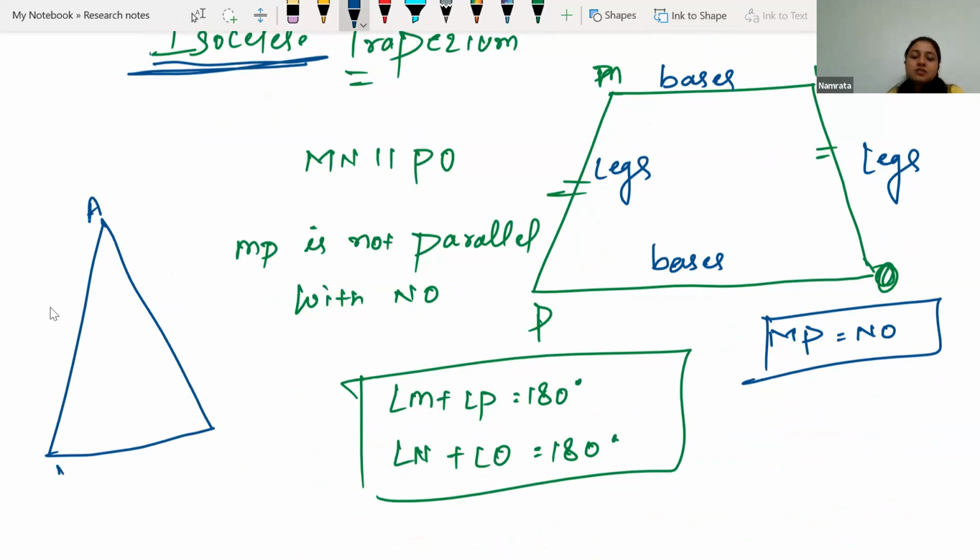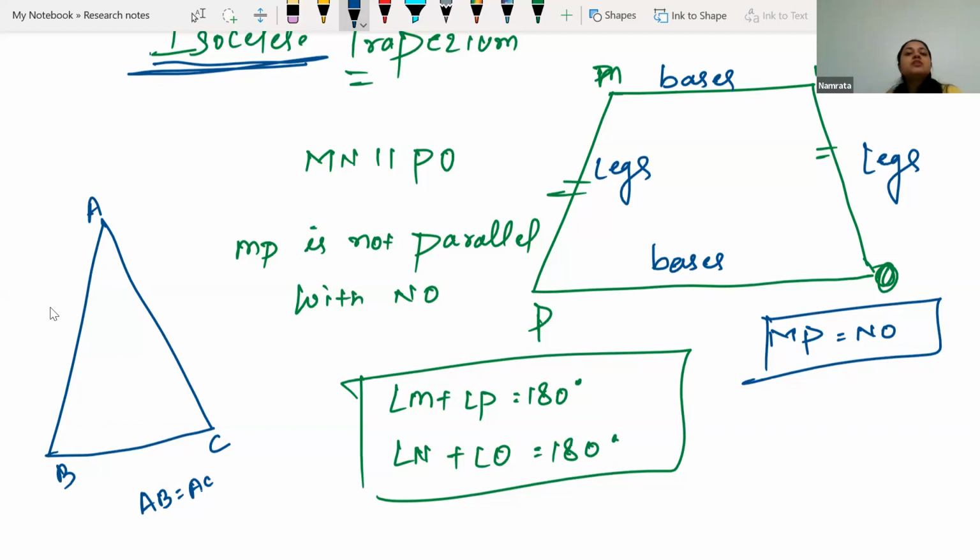If this is an isosceles triangle, side AB will be equal to AC, or maybe any two sides will be the same here. Similarly, in an isosceles trapezium also two sides are the same. Which two sides will always be the same? The legs will be the same. This is the quality of the isosceles trapezium.